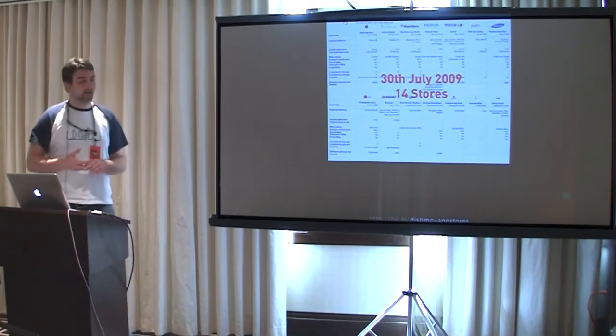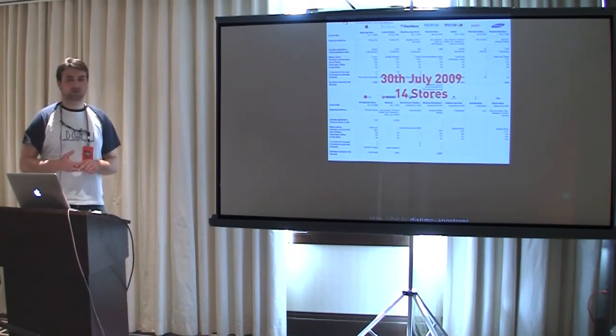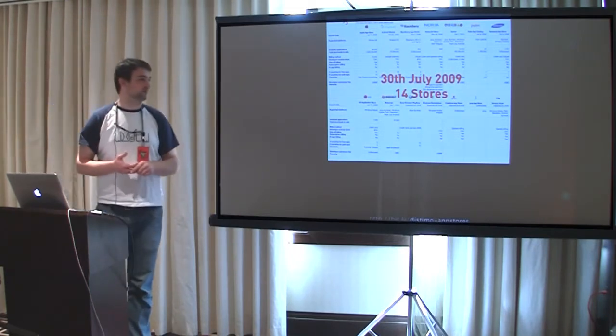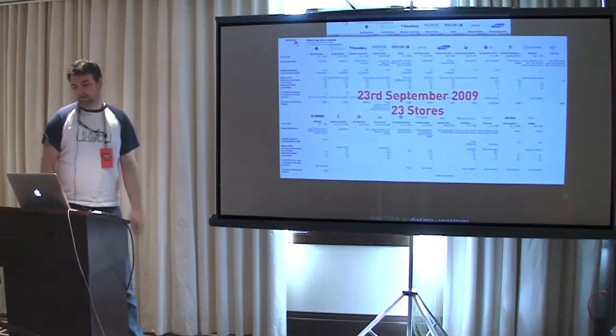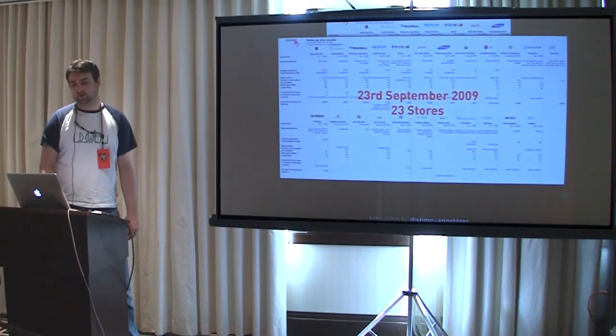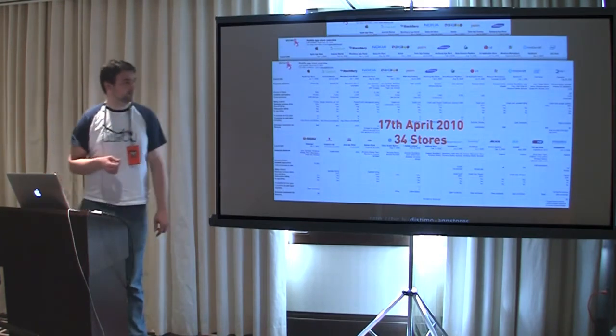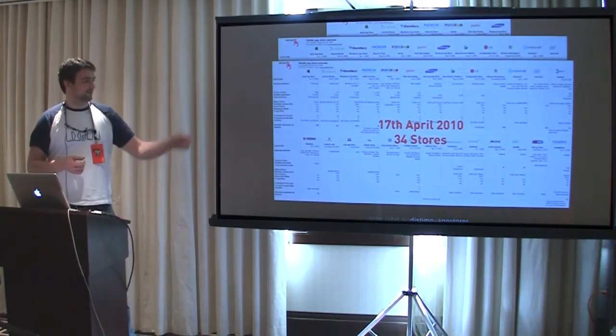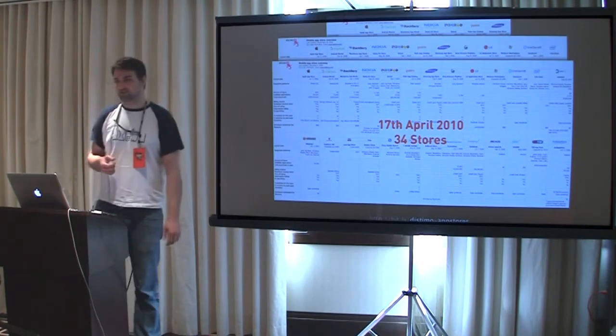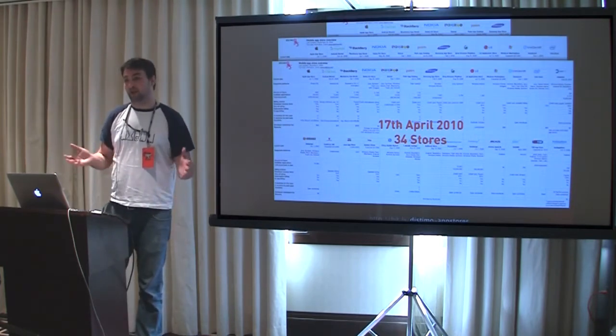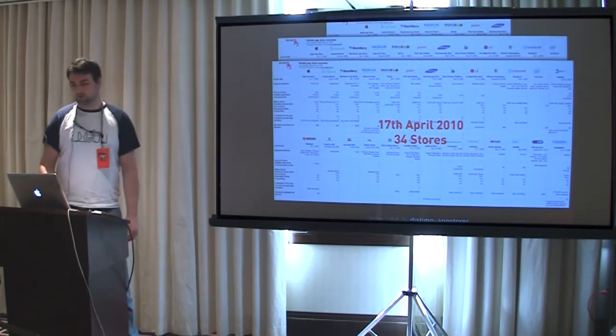In July 2009, there were 14 stores where you can place your app, in September 2009 it was already 23 stores, and I looked it up yesterday, and we already have 34 stores where we have to push our apps to if we want to reach all the devices.